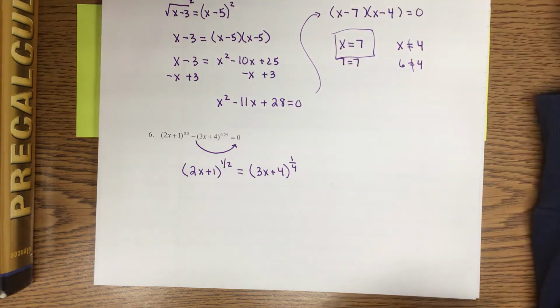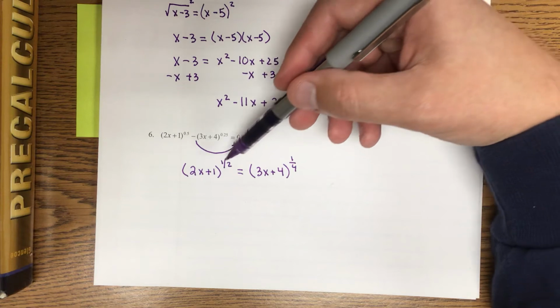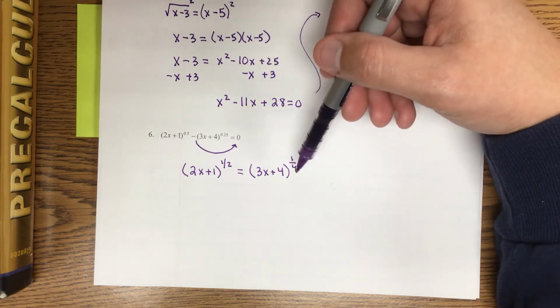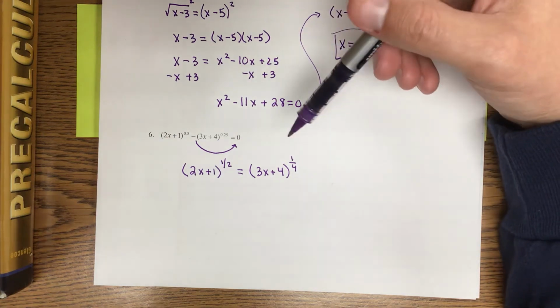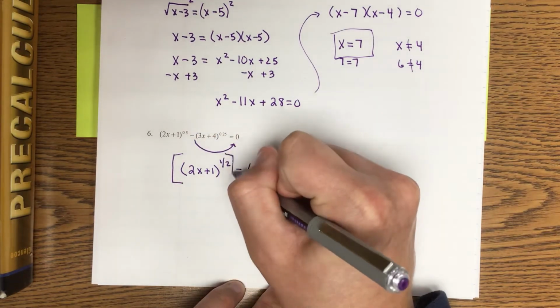Now I can't use both of those powers, so I have to pick one to use. If I square both sides, when I square 1/2, it goes away. But when I take 1/4 times 2, it's a half, and that doesn't really help me. So what if I raise everything to the 4th power? What if I use the bigger power?